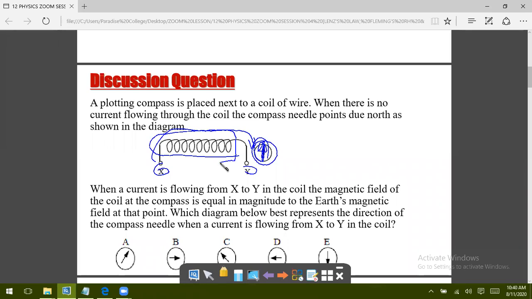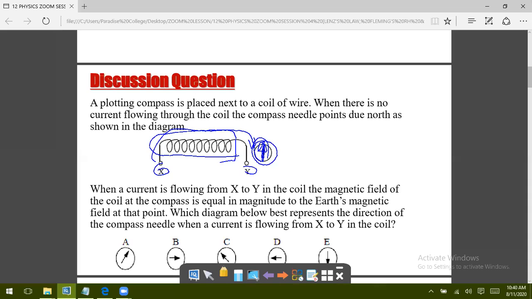After identifying the polarity, the needle will point towards the north. Pardon, it will point towards the south, because it has this north pole property, and it is attracted to the south pole geographically. Is that clear, guys?